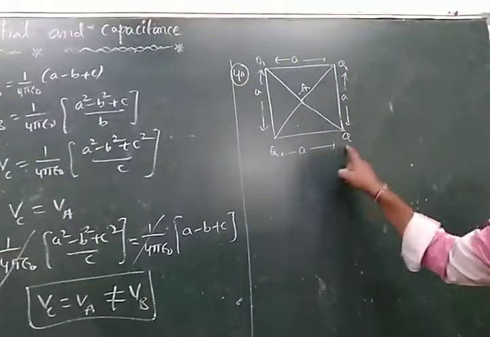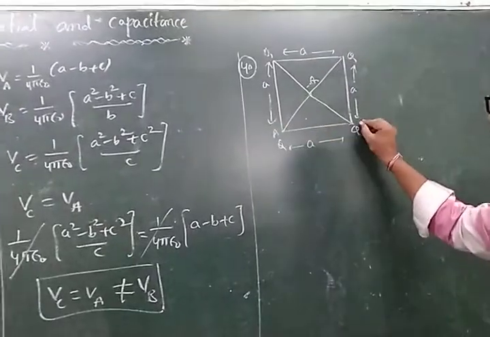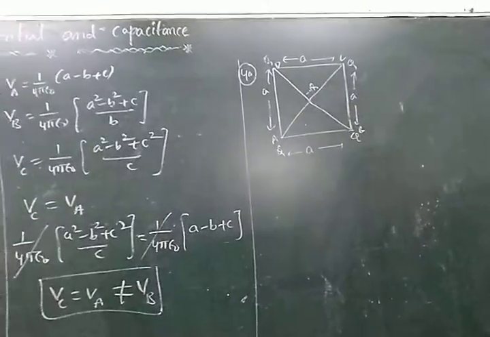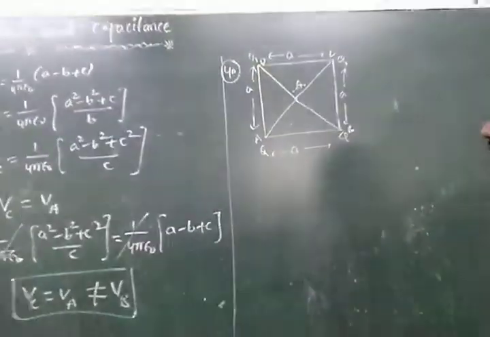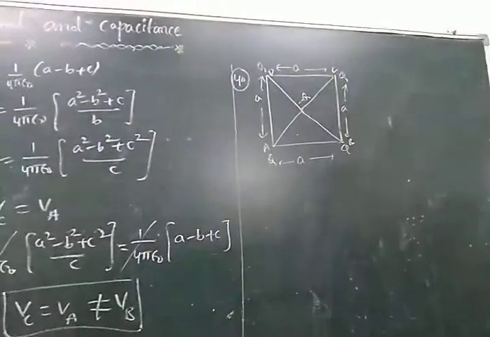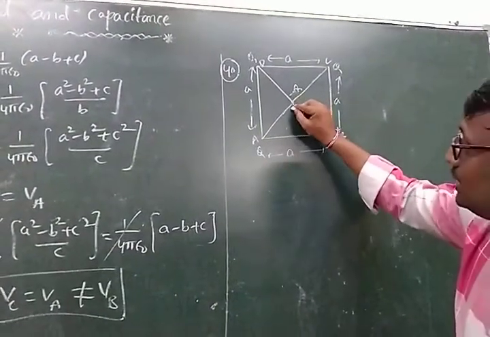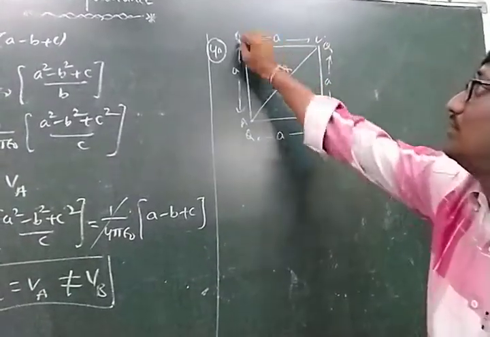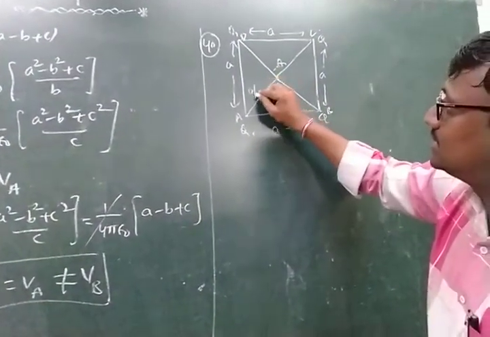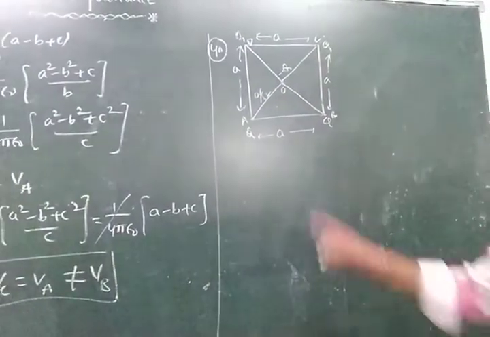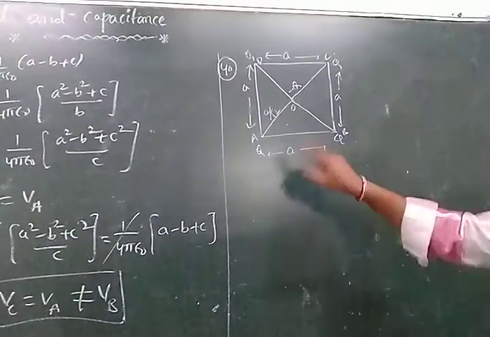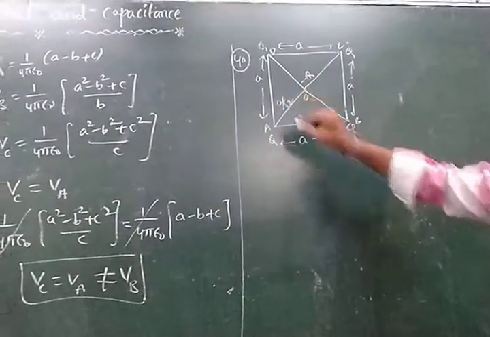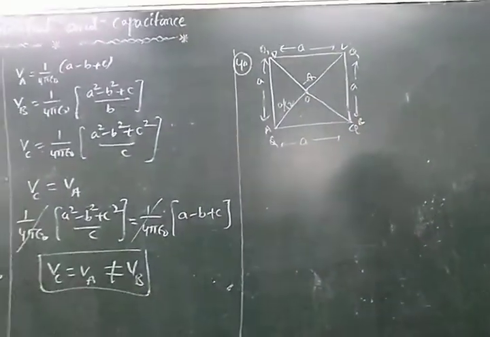Now the side distance is A, and the corners are A, B, C, D, four points, and each charge is the same, and the side is also the same, A. The distance from the center to point A, B, C or D, anyone you take, is A by root 2, by applying the Pythagoras rule: side square plus side square is equal to hypotenuse square. Then the distance will be A by root 2.